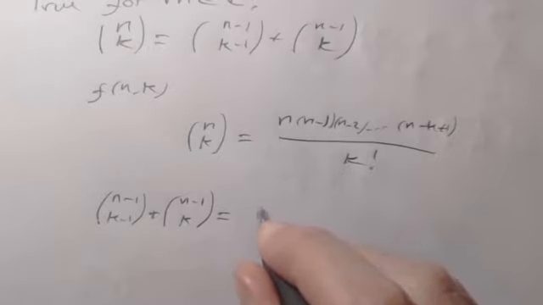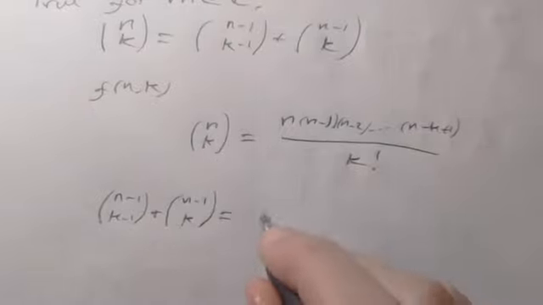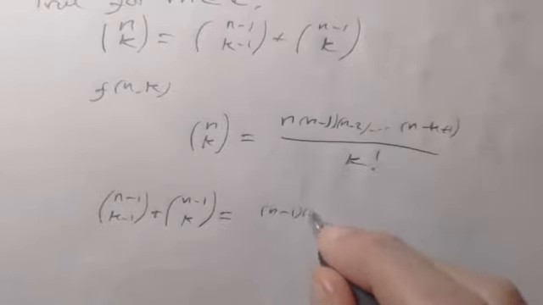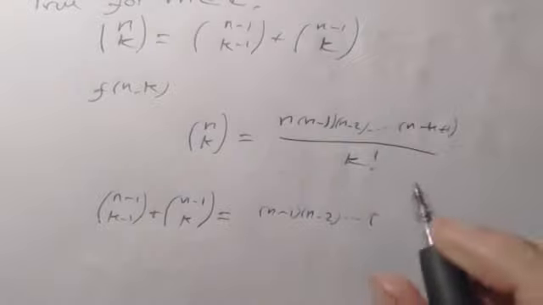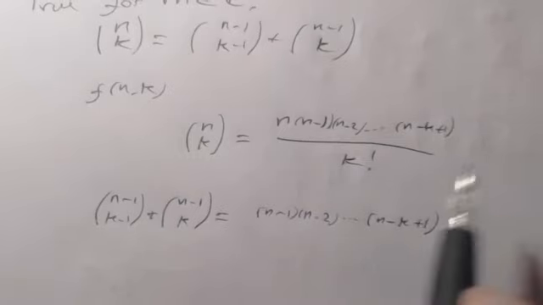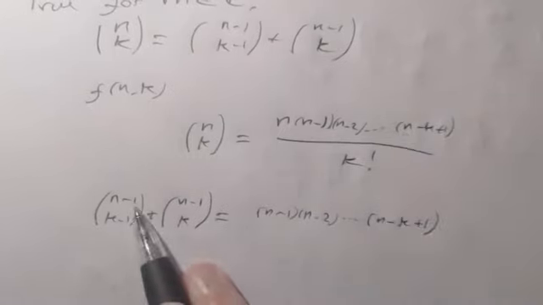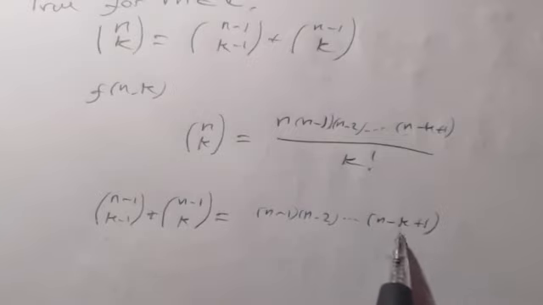So the first term is going to be n minus 1, n minus 2, dot dot dot, n minus k plus 1. If you replace n with n minus 1 and k with k minus 1 in the formula, it's exactly the same thing.